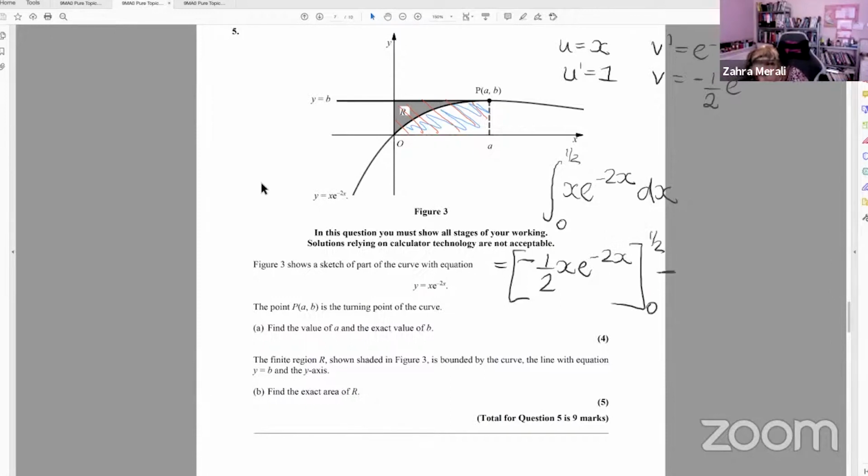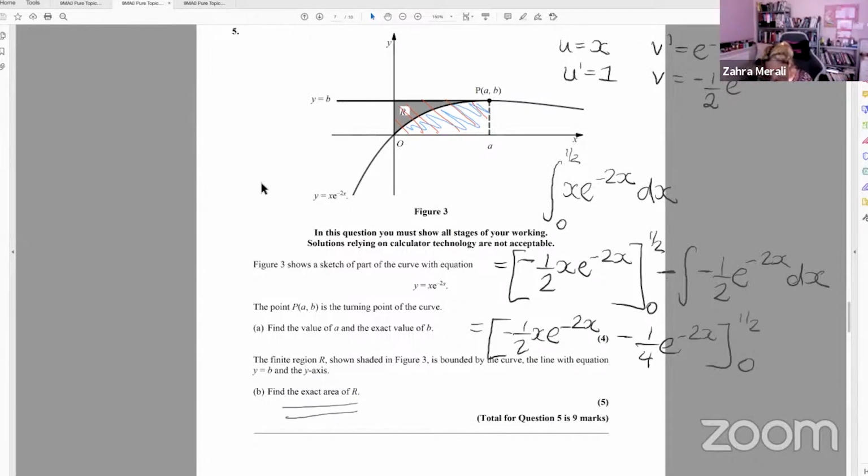And I minus the integral of minus a half e to the minus 2x dx. So altogether, I end up with minus a half x e to the minus 2x, and then that's going to give me minus a quarter e to the minus 2x between a half and 0.